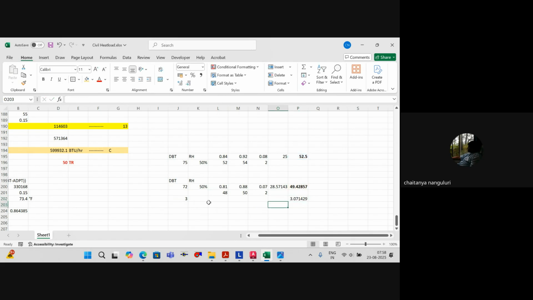So 3.03, so 1 is almost equal to 1. You agree? So I require 73.4.